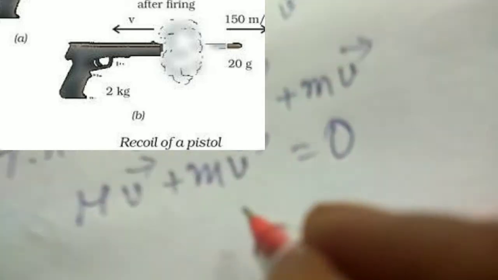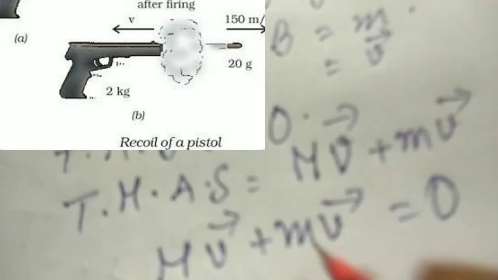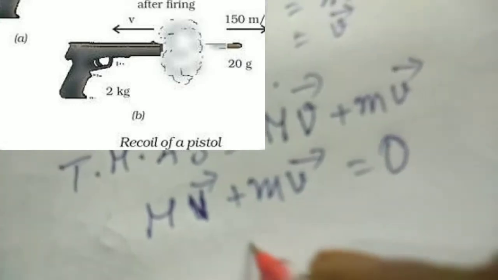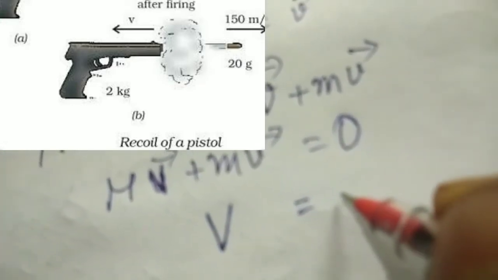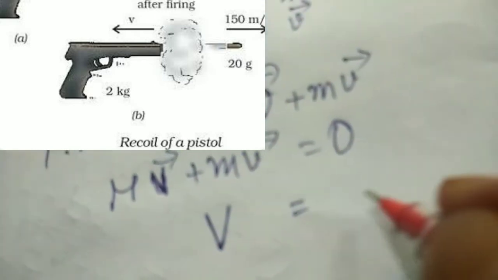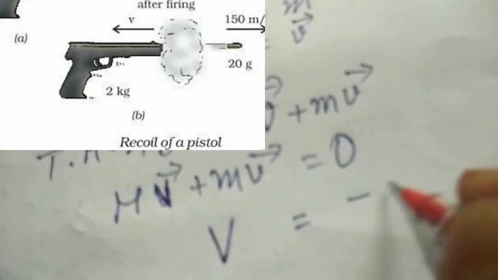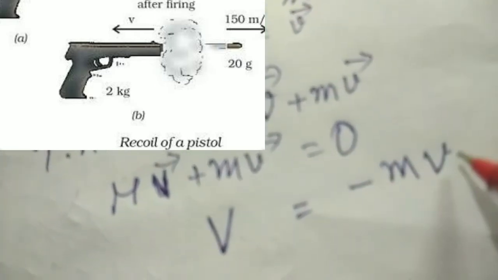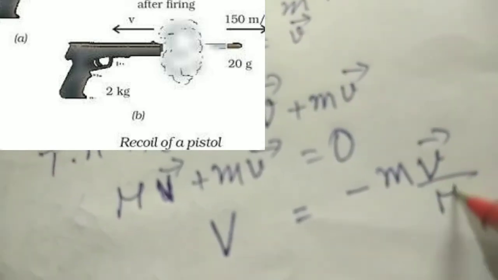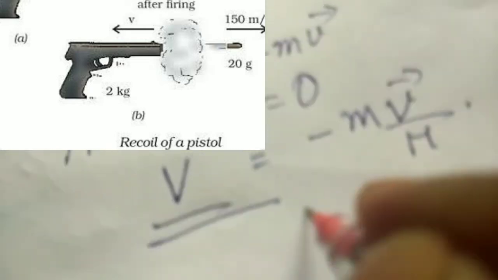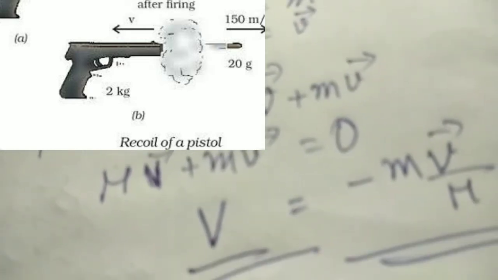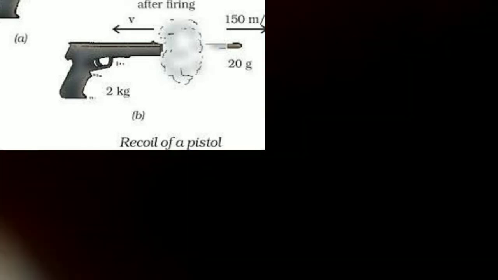Now according to conservation of momentum, MV plus mv is equal to 0. Now recoil of the gun V is equal to, this goes that side, minus mv by M. This is called recoil of gun based on the conservation of momentum.